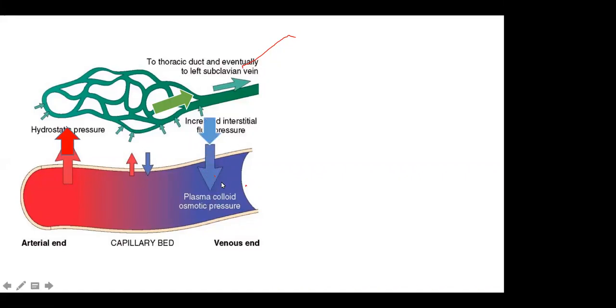A minimum of this fluid cannot return to the circulation and stays in the interstitial region, but can be transmitted by the lymphatics, coming back again to the circulation.